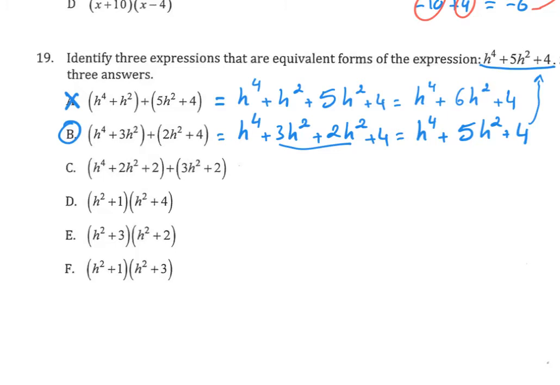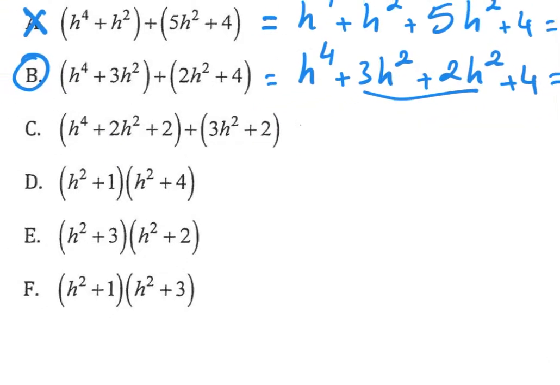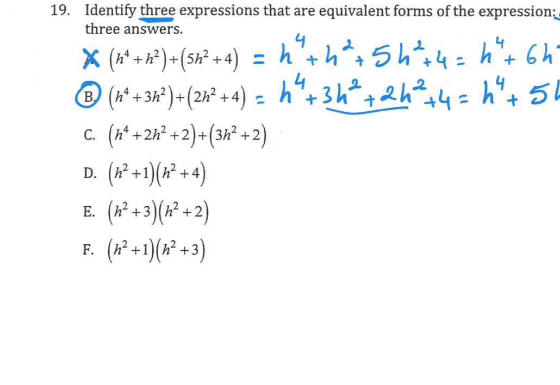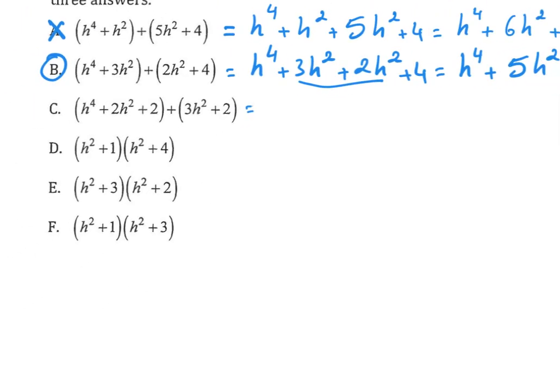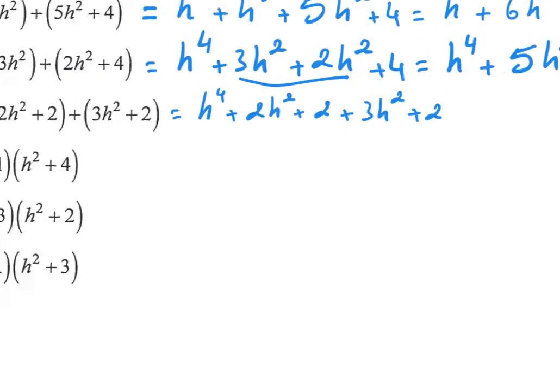Since they're telling us we can find three expressions, three answers, we can keep going. So let's try with C here. We're going to remove the parentheses, right? It's going to be h to the fourth power plus 2h squared plus 2 plus 3h squared plus 2, right?